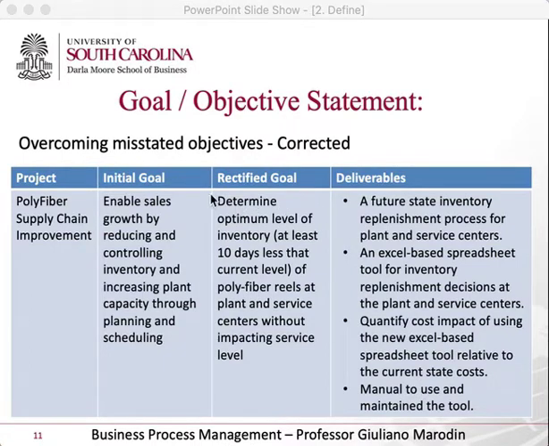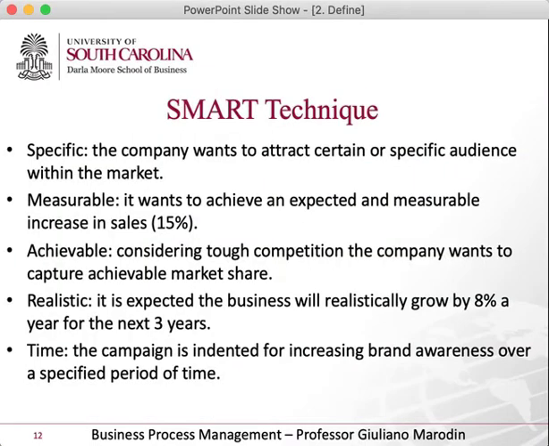So this is the rectification of this, which was very difficult to understand. So objective statements have to be clear and direct, and set exactly the expectations for everybody. To help us find out if the objective statement is actually clear and good, there's an acronym called SMART.